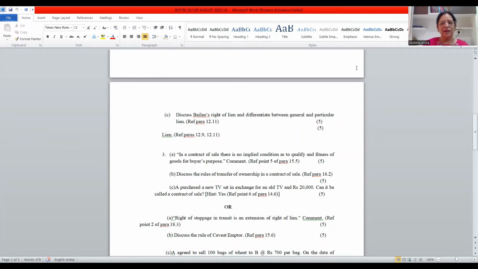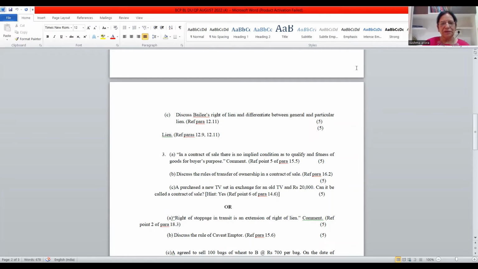If goods are not fit for the purpose, then the seller will be held liable. But this condition is not applicable always. So there are certain cases when there is a condition as to quality or fitness in the contract of sale, and certain other cases when there is no implied condition as to quality and fitness of goods for the buyer's purpose.